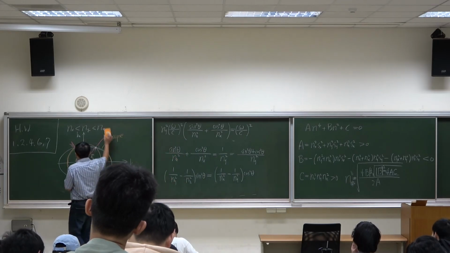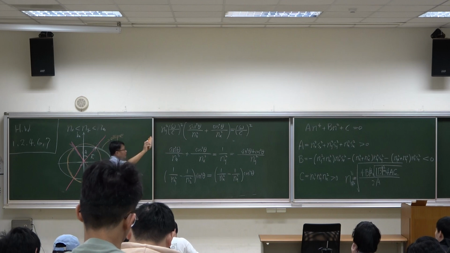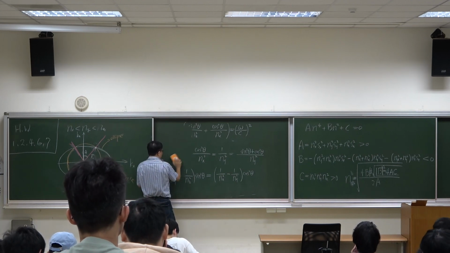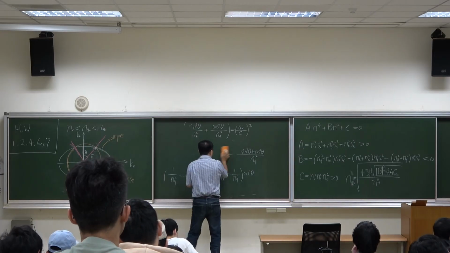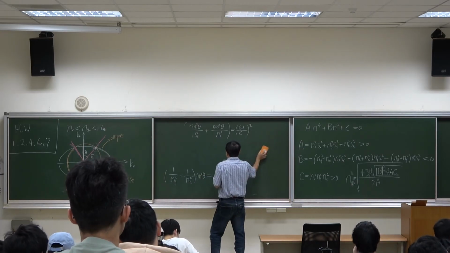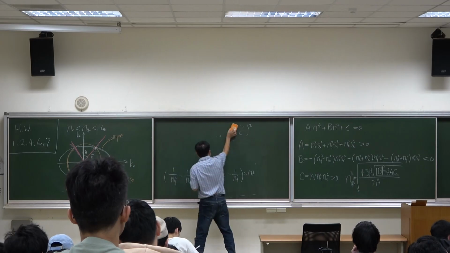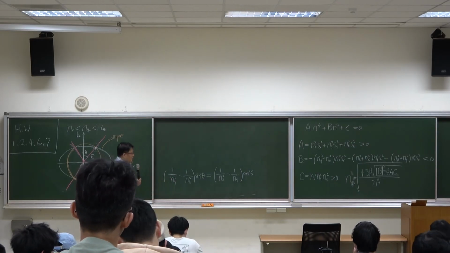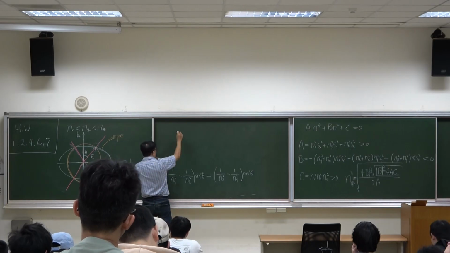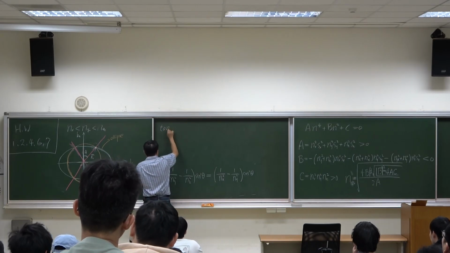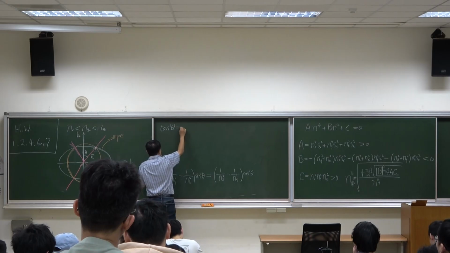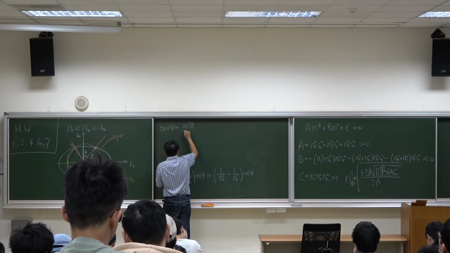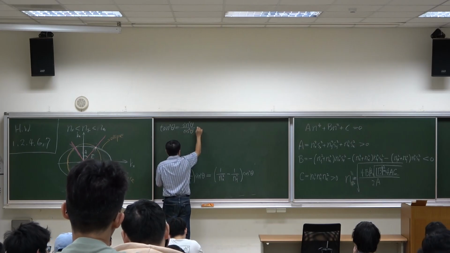So now I use this result. According to this result, we can find tangent squared, which is equal to sine squared over cosine squared theta.